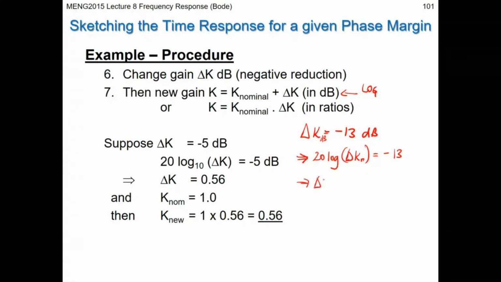That means delta K ratio equals 10 raised to the power of minus 13 over 20, taking antilogs, which gives 0.224. So if K nominal is 1, that implies K new, the new gain that we have on our controller, is going to be 0.224.